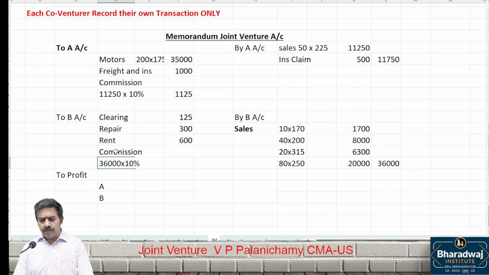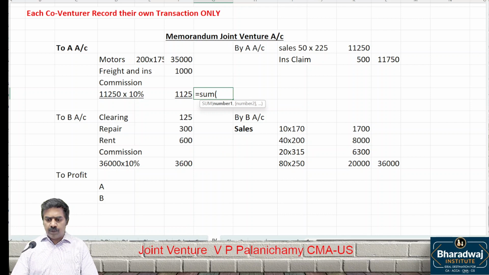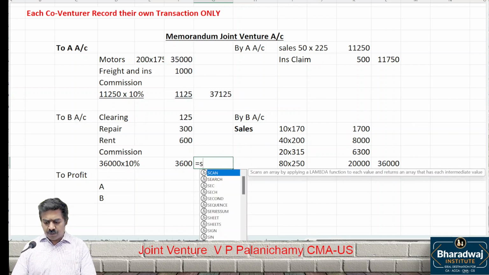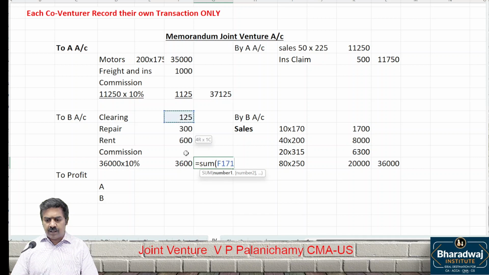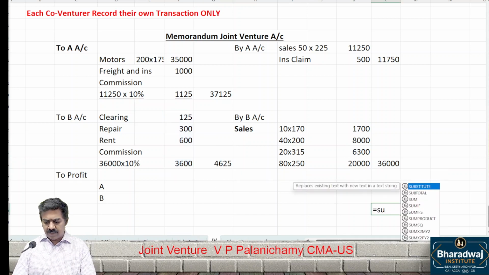How much will it come to? 3,600. Any other income or expense? No, that's all. So total up, you will get the total of expenses, including commission. This is the total of expenses of B, including commission. Tally this, you will get the profit or loss.